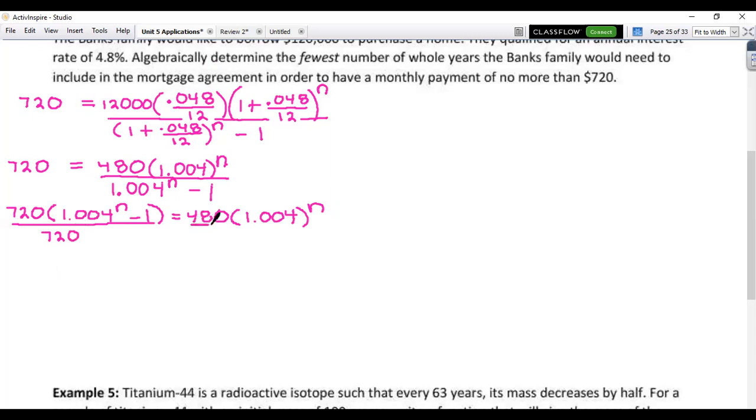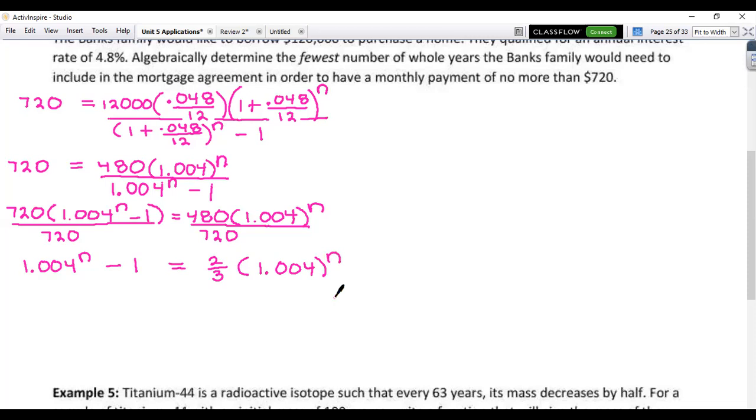What's 480 over 720? I think this simplifies a bit. Is it 2/3? Thank you. So this is equal to 2/3 times 1.004 to the n.